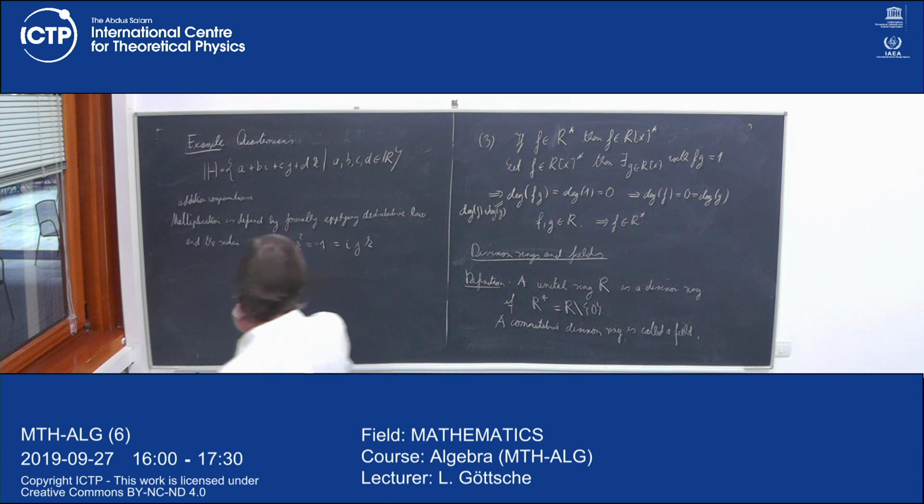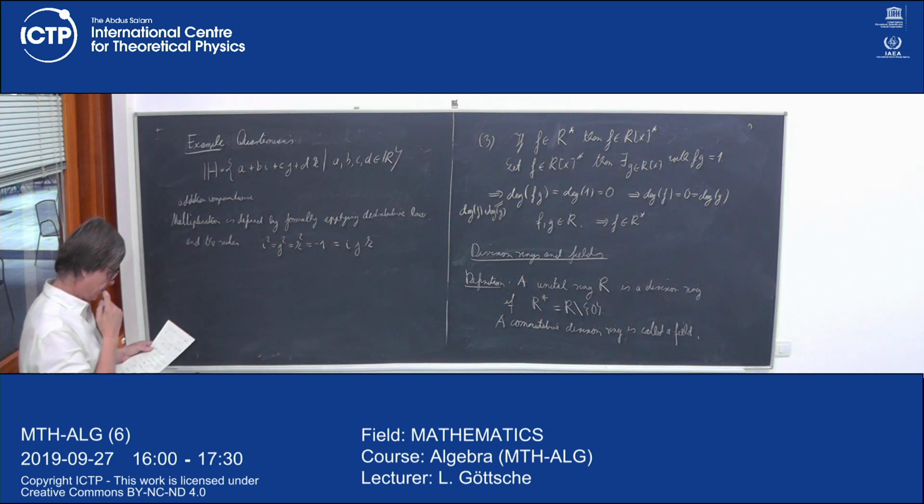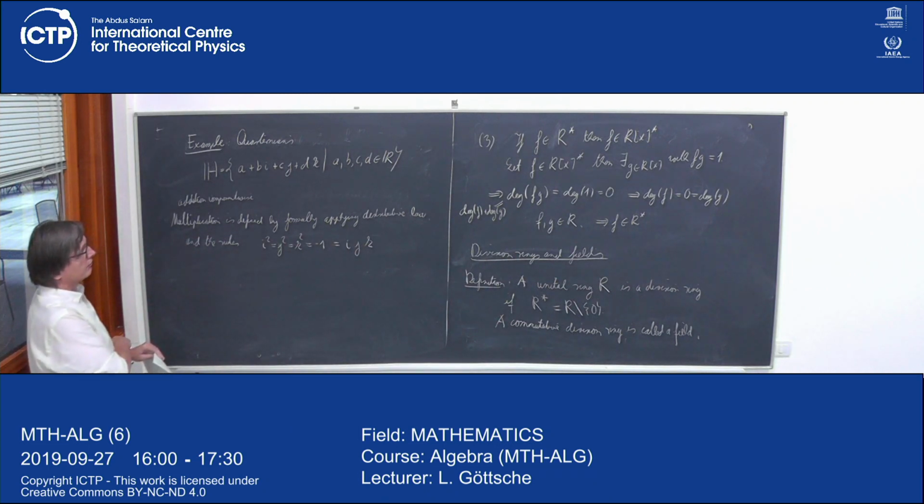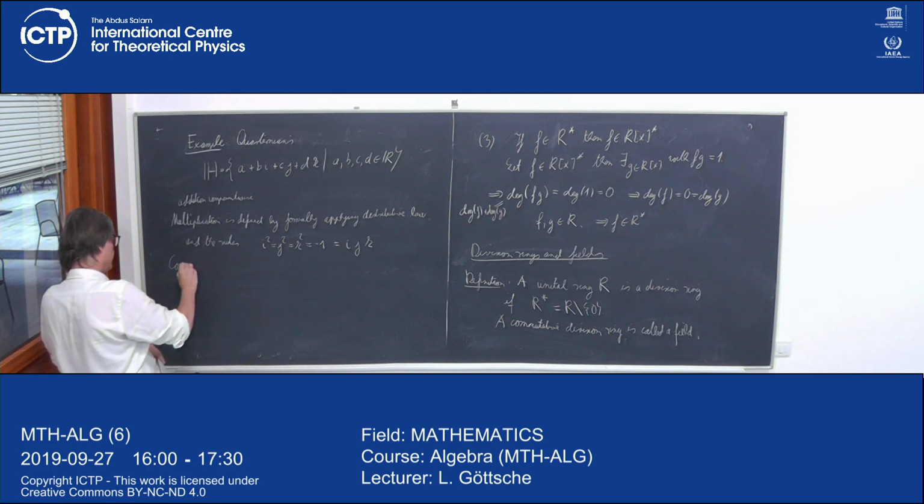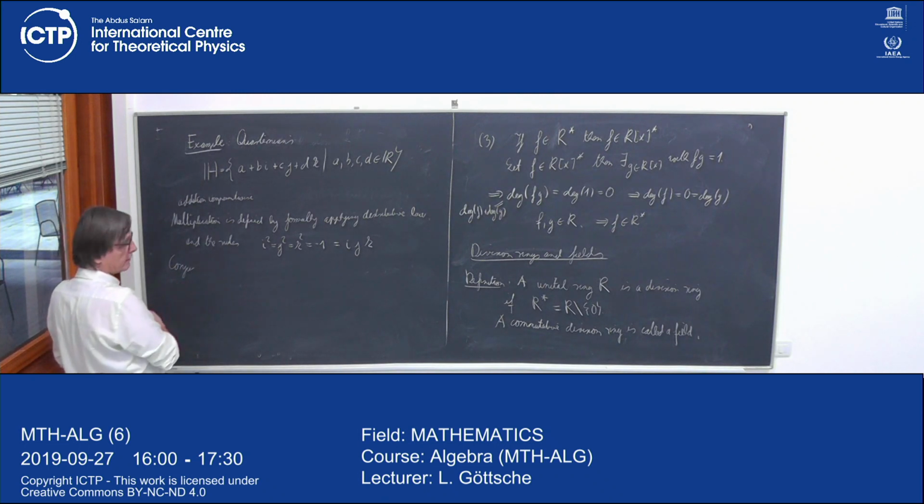So now one wants to see that this is a field, so we can have the analog of complex conjugation. Not a field, but a division ring.